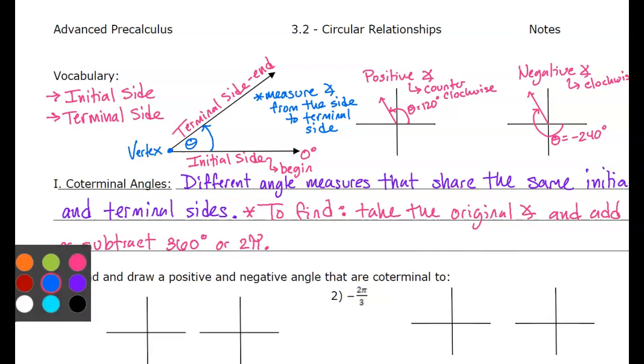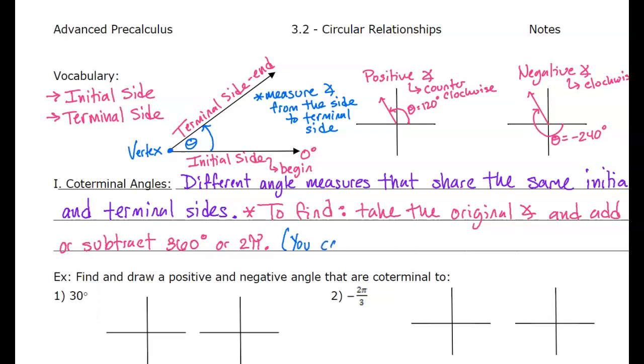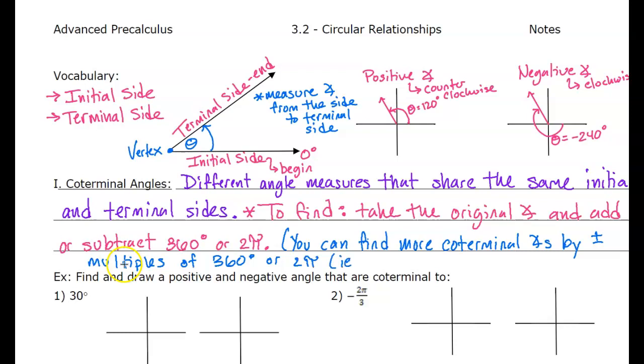And a little side note, you can find more coterminal angles by adding or subtracting multiples of 360 or 2 pi, i.e. 720, 3 times 360, 4 times 360, or things like 4 pi, 6 pi, 8 pi.